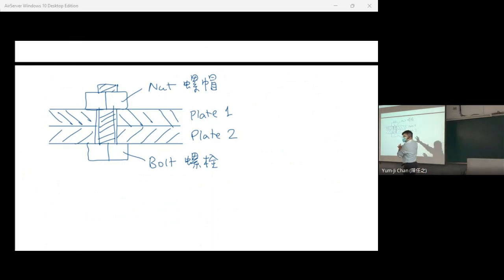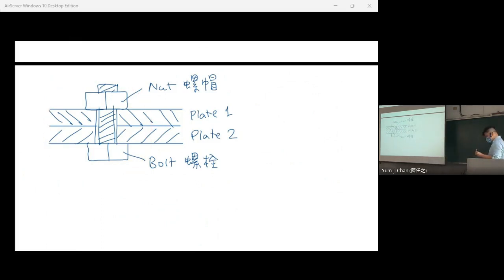Can you understand this figure? So we have a nut here, and then we tighten the bolt by rotating this, right? Now, how do we draw the free body diagram of the bolt and the nut, and what's happening here?